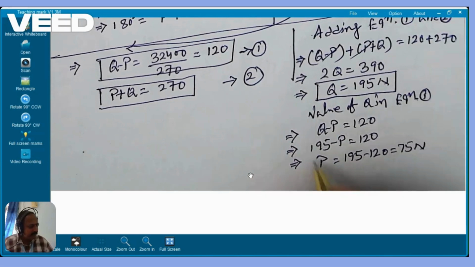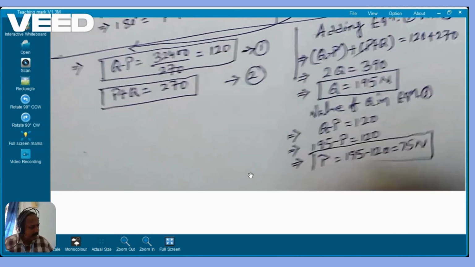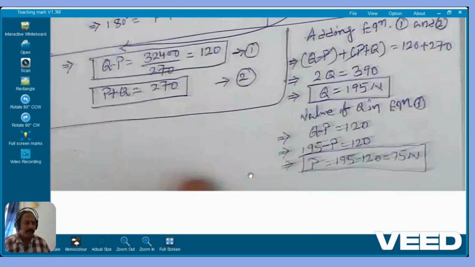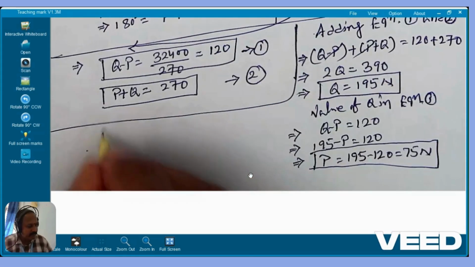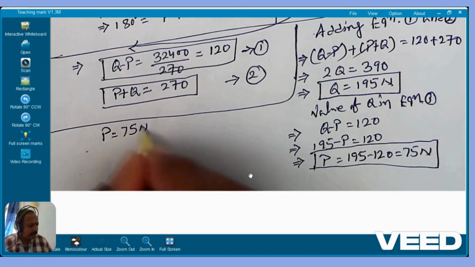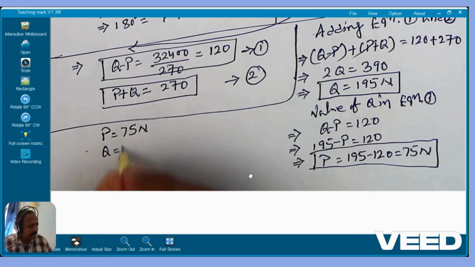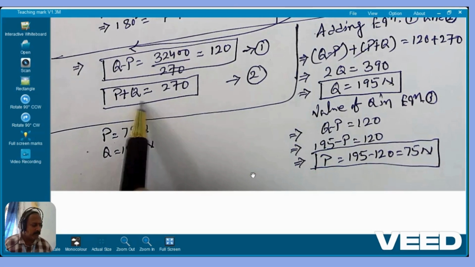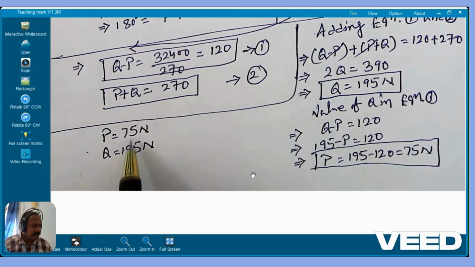So in this way, individually, we got the value of P and the value of Q. So what is the final answer you got? P is equal to 75 Newton and Q is equal to 195 Newton. So you see, ultimately P plus Q is 270.